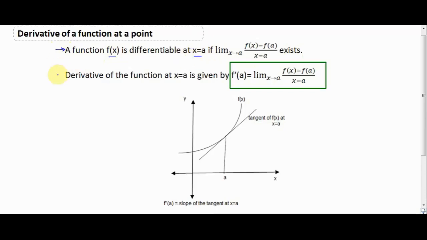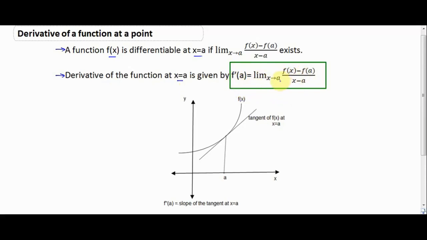Now the derivative of the function at the point x equal to a is given by f dash of a equal to limit x tends to a f of x minus f of a divided by x minus a. So the value of the derivative of the function at the point x equal to a is represented as f dash of a, and it is given by this formula.